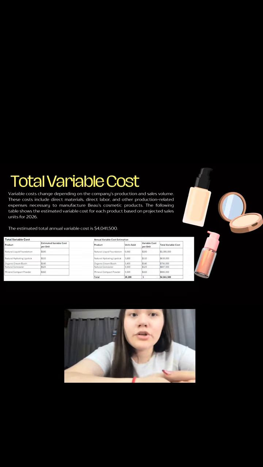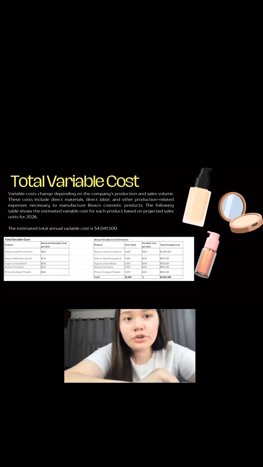And so next is the contribution margin. The contribution margin represents the amount remaining after variable costs are deducted from sales revenue. The average selling price per unit is $280.16, and after subtracting the unit variable cost, the contribution margin per unit is $136.84.